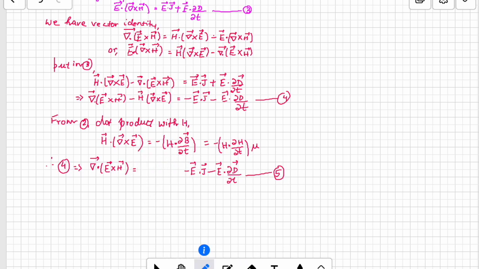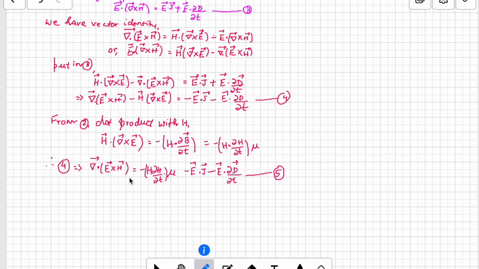If I replace this, I have this as H dot del cross E. H dot del cross E is nothing but this term. Sorry, I'll take this mistake here. Minus of H dot mu del H divided by del t. So this term is important.